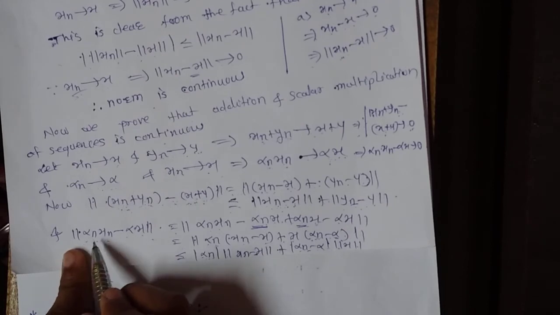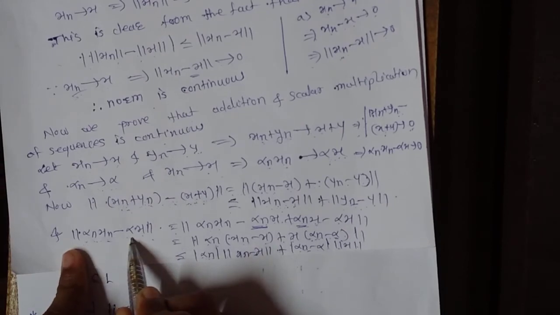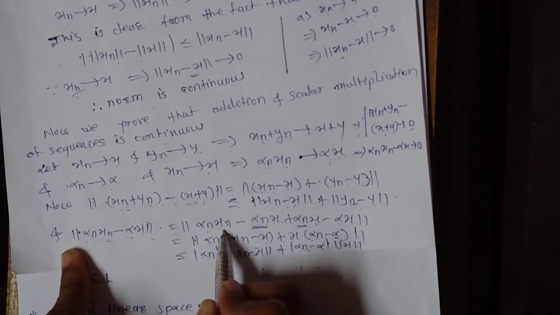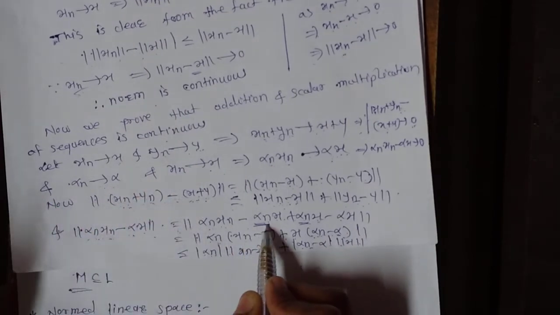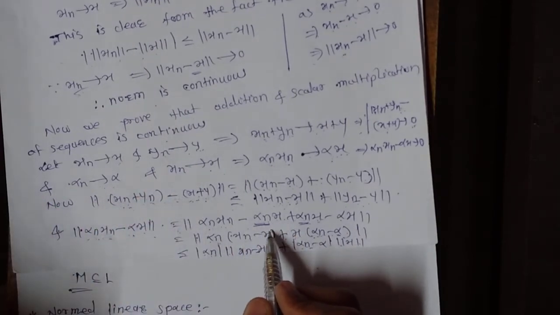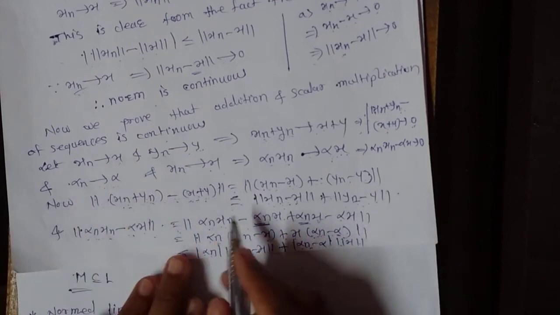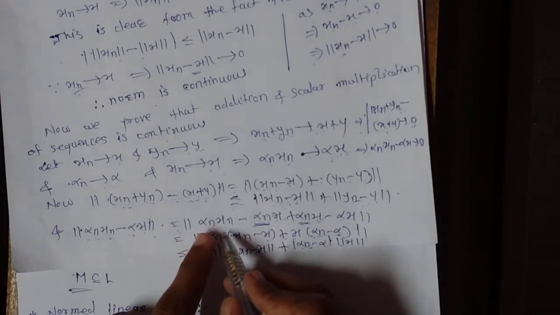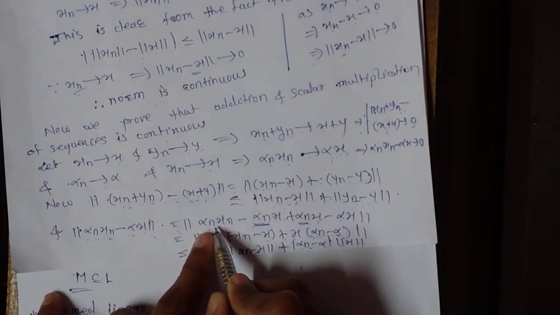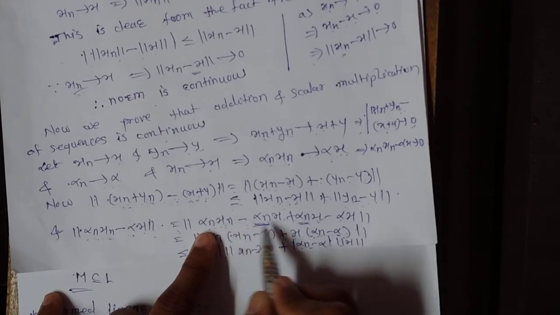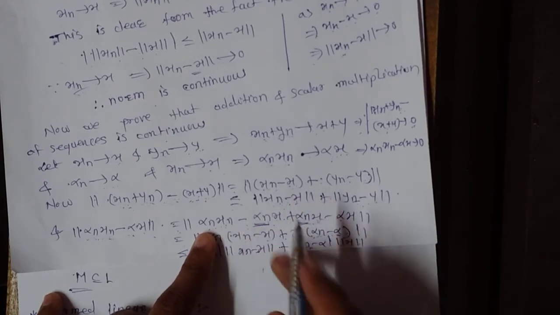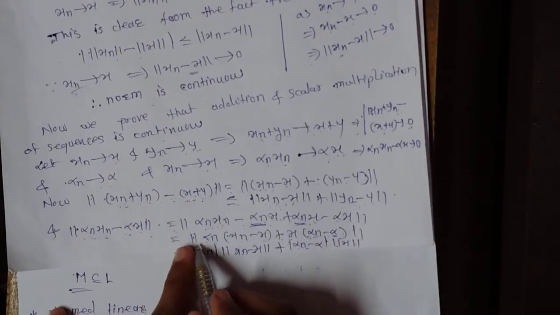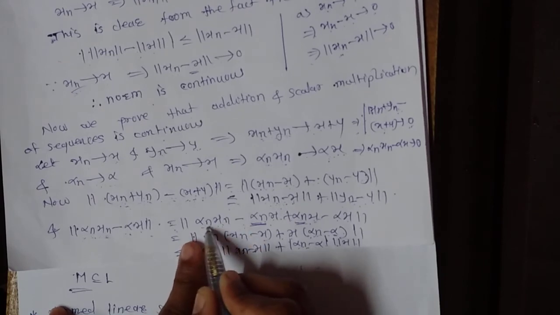Therefore consider the norm of alpha n into xn minus alpha into x, which equals alpha n xn; add here alpha n x and subtract alpha n x, so it does not affect our original sequence. So alpha n xn minus alpha n x plus alpha n x minus alpha x, it's just an adjustment.